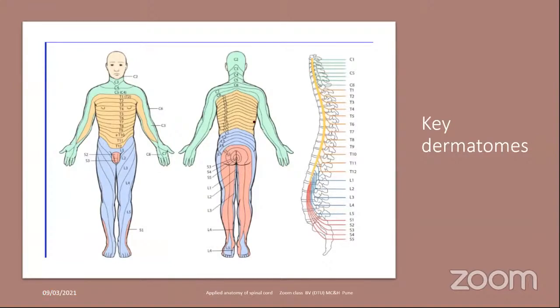So you can see the S2, 3, 4 on the perianal region. The lateral border of the foot is S1. So these are the important dermatomes which you should remember, which I'll show you again.